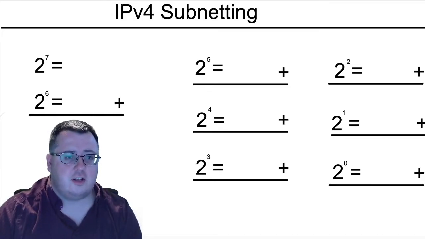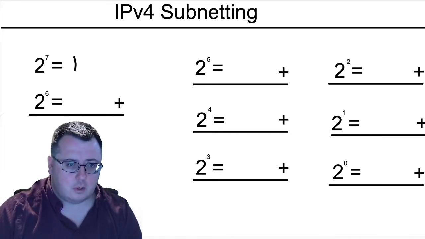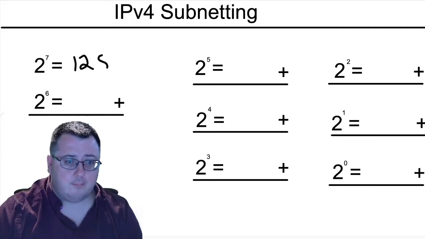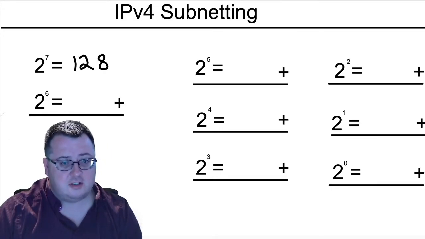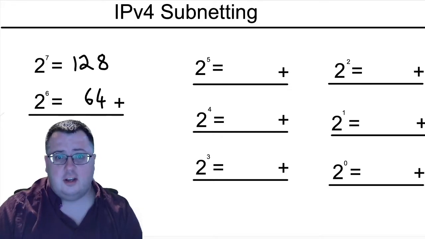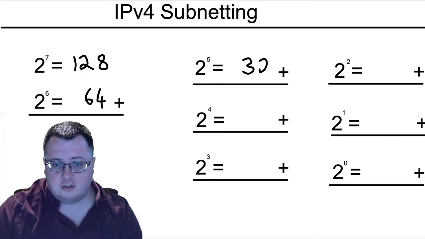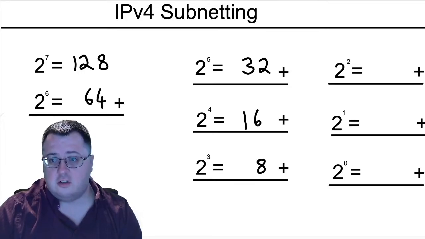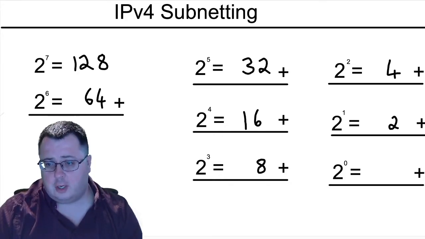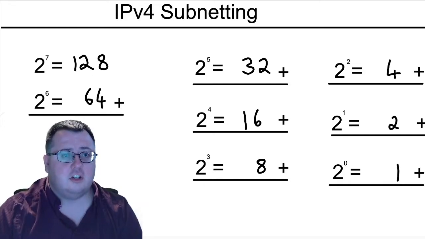So 2 to the 7, that's 128, and 2 to the 6 is 64. Okay, 2 to the 5 is 32, 2 to the 4 is 16, 2 to the 3 is 8, 2 to the 2 is 4, 2 to the 1 is 2, 2 to the 0 is 1, and then I'm going to change colour and we're going to work these out.